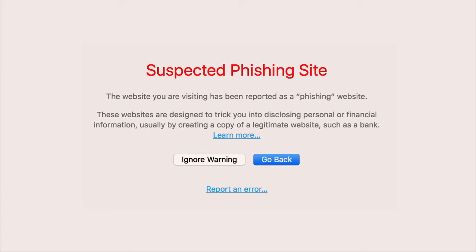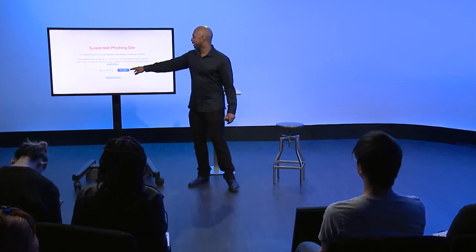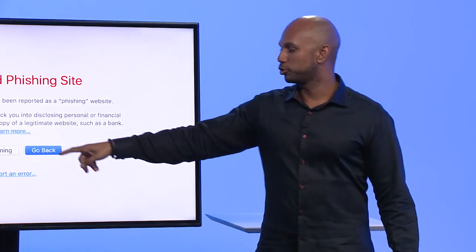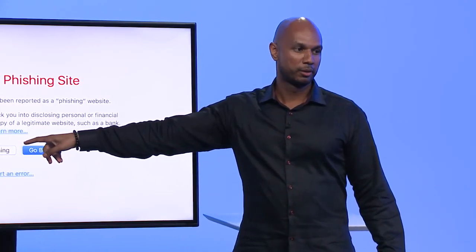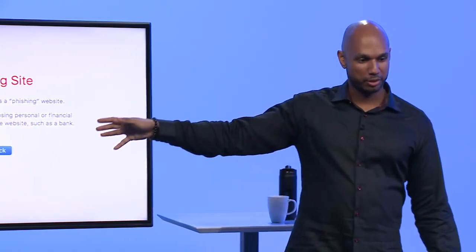If you go to a site that's been reported as a bad site and you don't realize it, like Microsift instead of Microsoft, right? Then it'll flag that site as a potentially bad site. But at the same time, it provides a path forward, right? If you know what you're doing, you can just ignore the warning. But hey, we just wanted to let you know something's going on here.